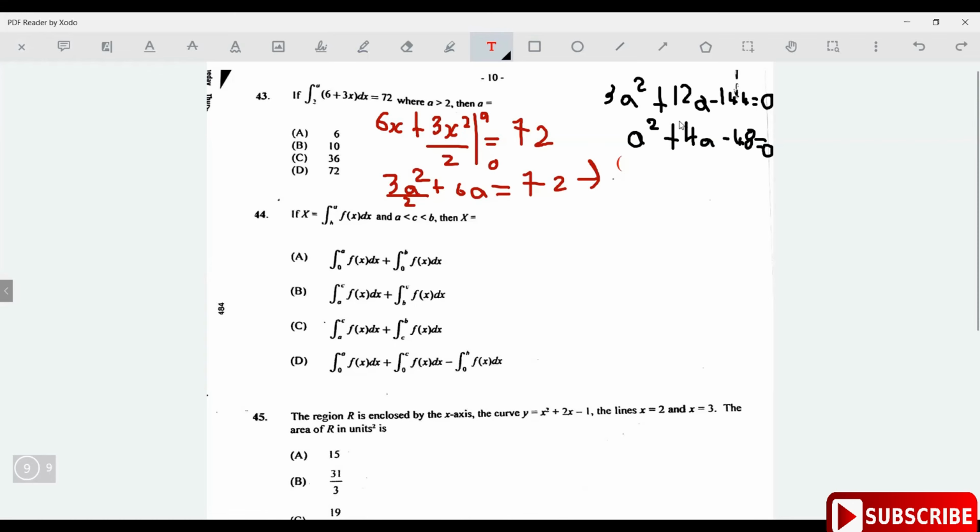Divide through by 3. Did I do this right? Let's look at it again. Plug in a. I get 6a. I get 3a squared over 2 equals 72. I times everything by 2. I get 3a squared plus 12a equal 144. I bring over 144 to get minus 144.